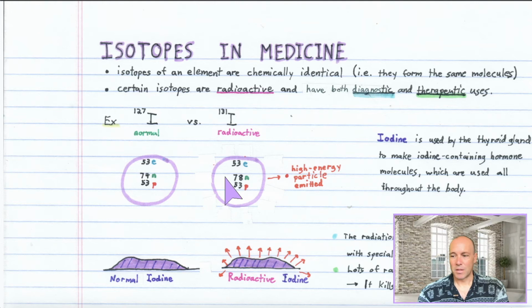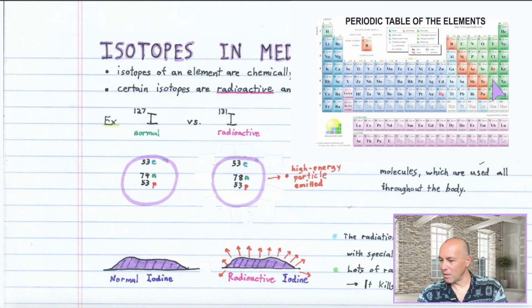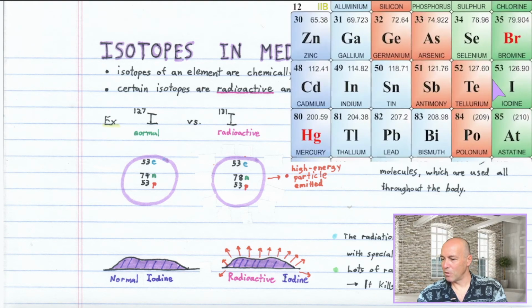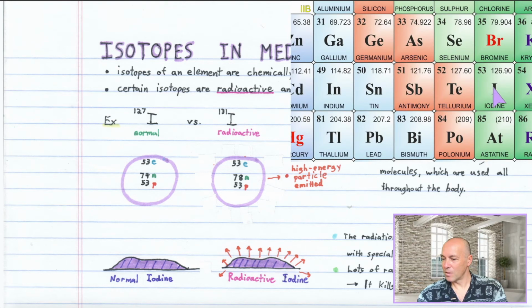Here are models of the two types of atoms. Iodine 127 contains the following subatomic particles. Let's find iodine quickly on the periodic table. It's element 53, so there it is down there below bromine. So all iodine atoms have 53 protons, regardless of which isotope, and balanced iodine atoms have 53 electrons.